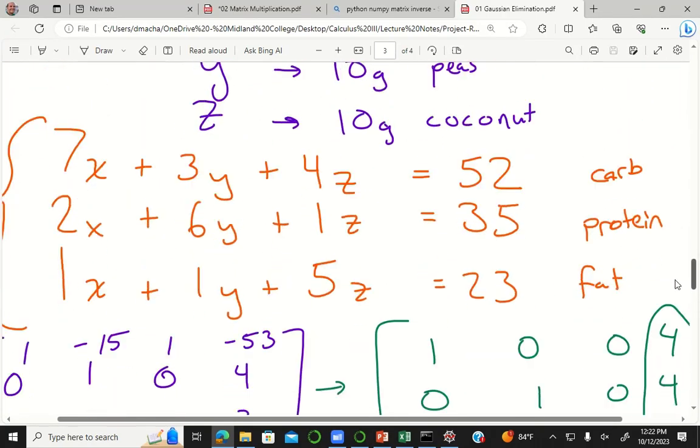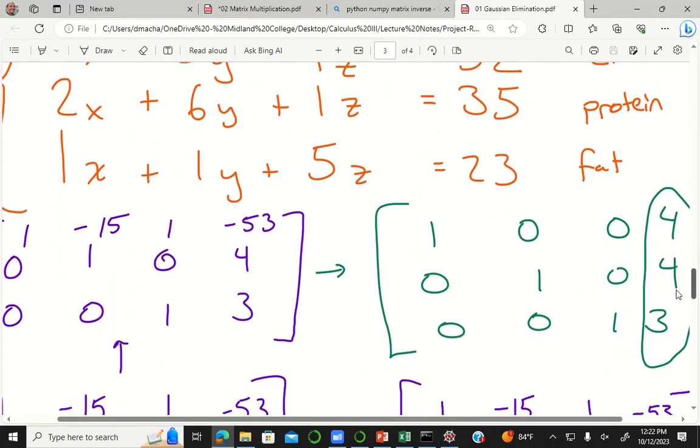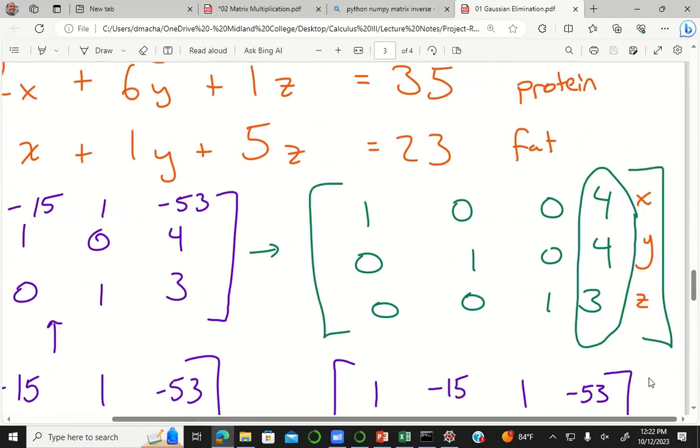But when we did Gaussian elimination on this system of equations, what we ended up with after Gaussian elimination was the 3 by 3 identity matrix augmented with my solution vector.